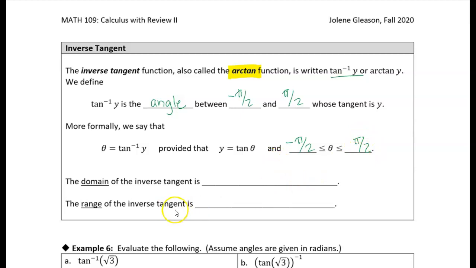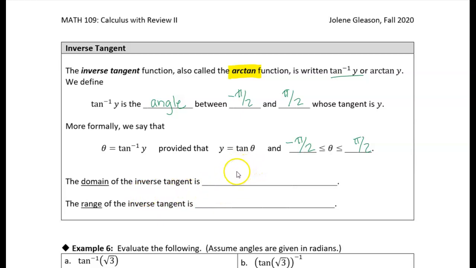All right, domain of the function. Now, the output of tangent can take on any real value, any real number, between minus infinity and positive infinity. And so the output of tangent becomes the domain, the input, of inverse tangent. So this is inverse tangent.